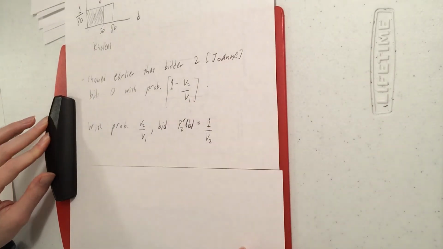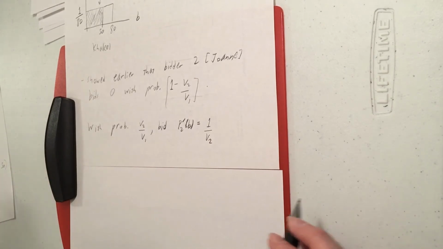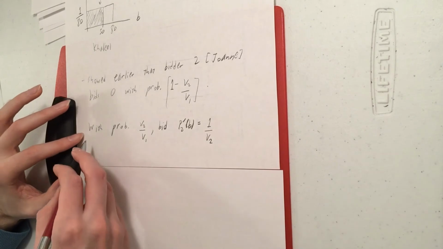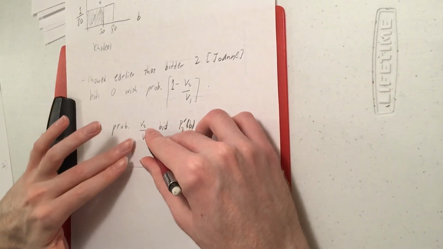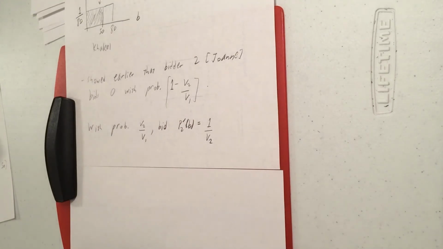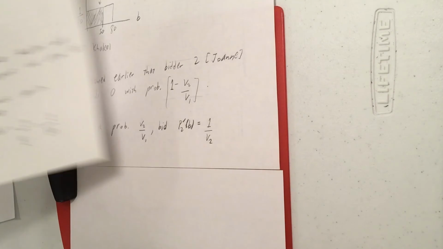So now we can plug in our numbers and see what that means. So we're going to focus on this case here because, well, let's first figure out what this probability is. So V2 over V1 is going to be 80 over 100.